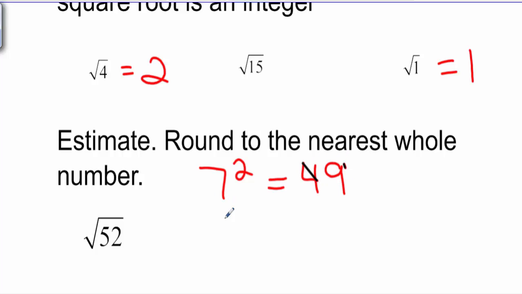So if I am looking for an estimate of the square root of 52, I'm going to say that's going to be closer to 7 because 52 is much closer to 49 than it is to 64. So that's my estimate of the square root of 52.